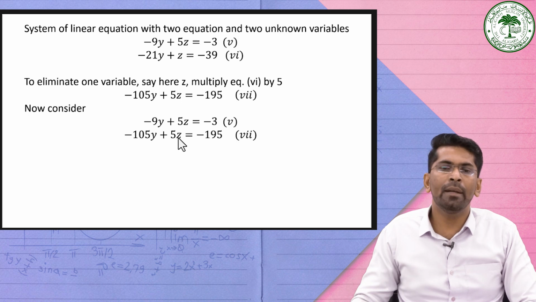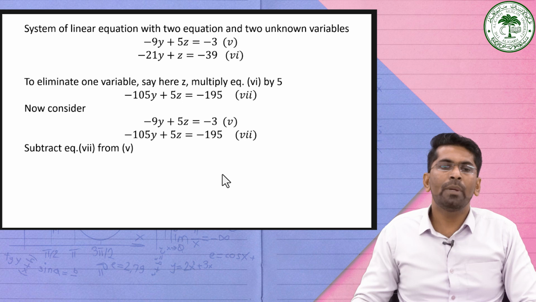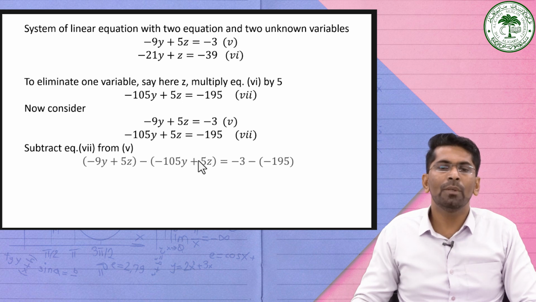So here see the coefficient of z is the same, that is 5. So we can eliminate z by subtracting equation number 7 from equation number 5. So subtract equation number 7 from 5, so it will become minus 9y plus 5z minus, in brackets, minus 105y plus 5z, which is equal to minus 3 minus minus 195.